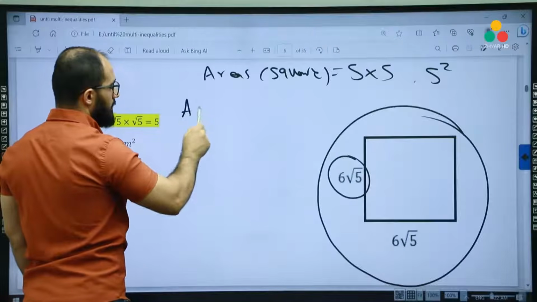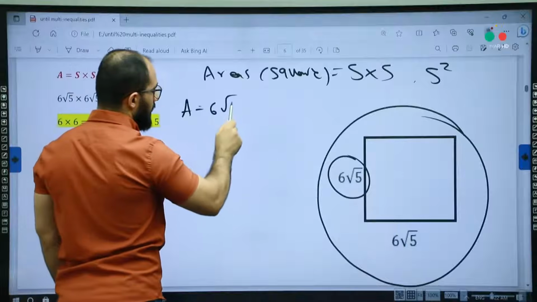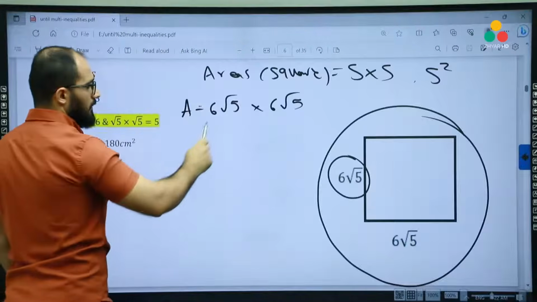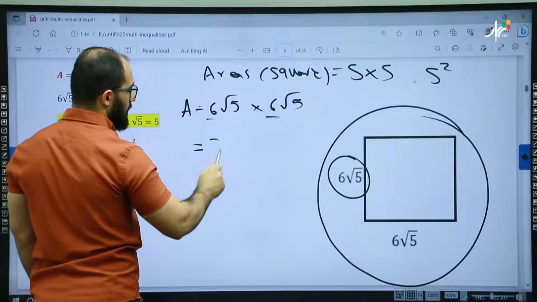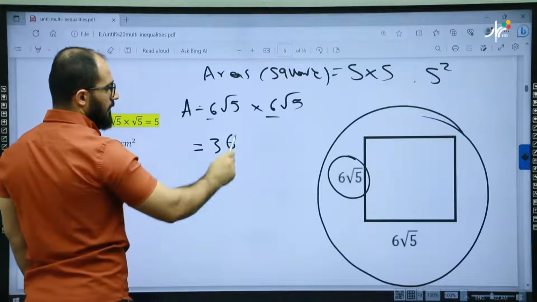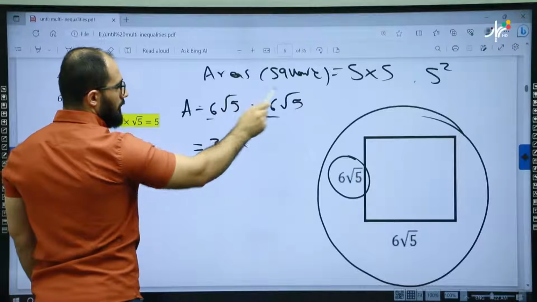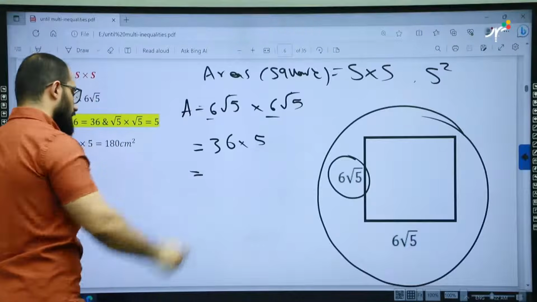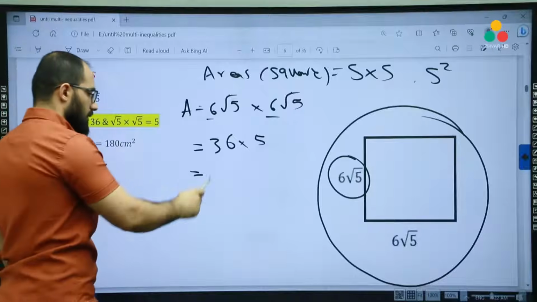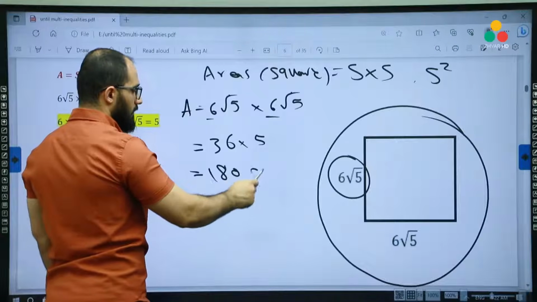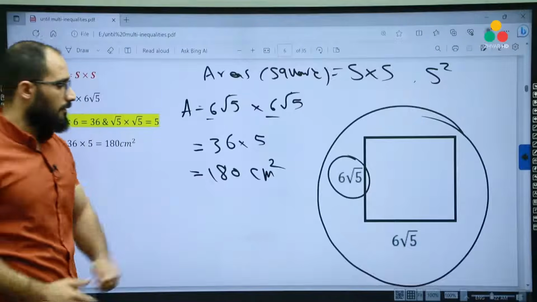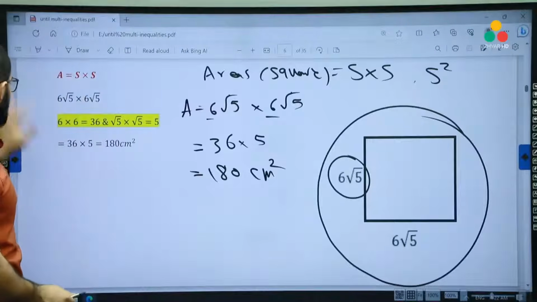Then the area is going to be 6 square root 5 times 6 square root 5. So 6 times 6 is 36. Square root of 5 times square root of 5 is going to be 5. Then 5 times 36 is going to be 180 centimeters squared. So be careful with these types of questions.